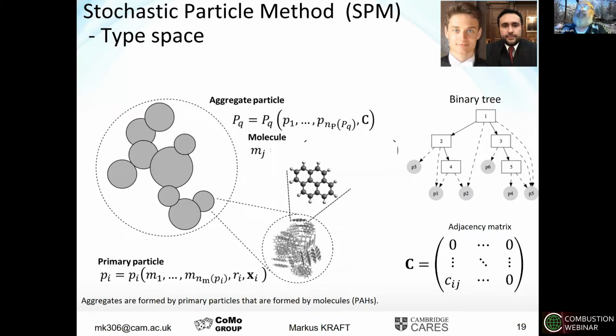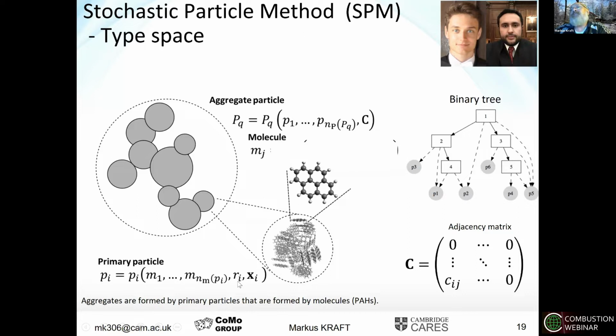Most particle models are very simple. The type space is just mass and maybe surface area. Here, we really zoom into the particles. We look at the aggregate. We look at how this aggregate is connected to primary particles through this adjacency matrix. Then each primary particle in turn is made of molecules, okay?